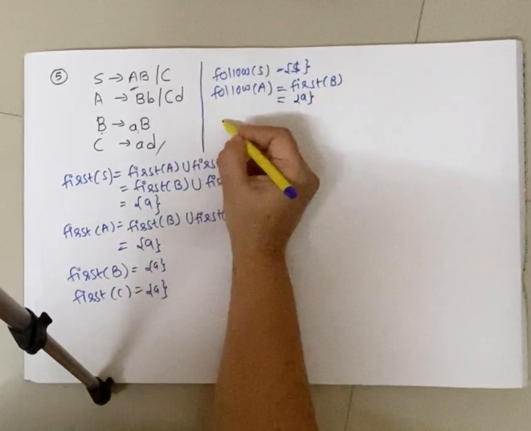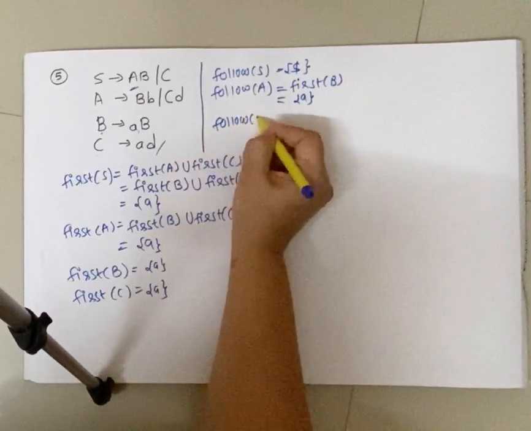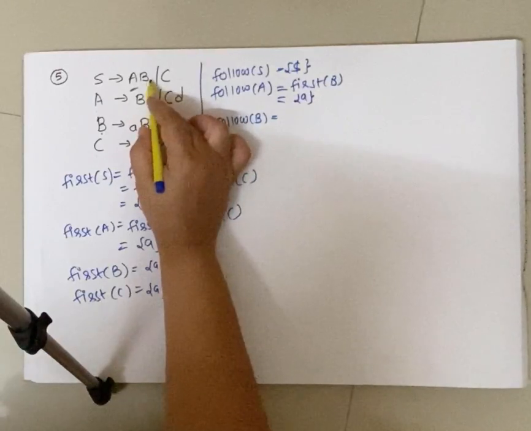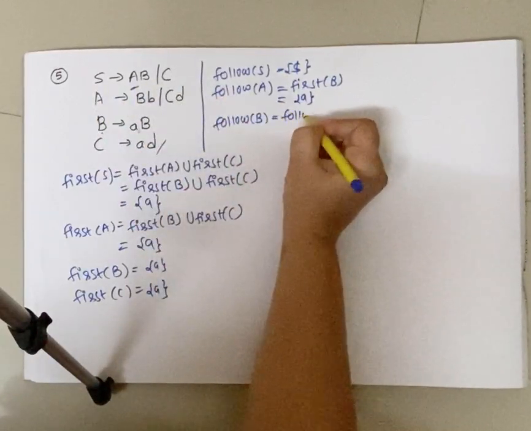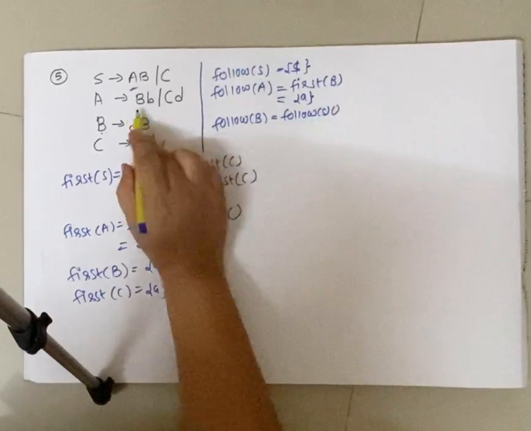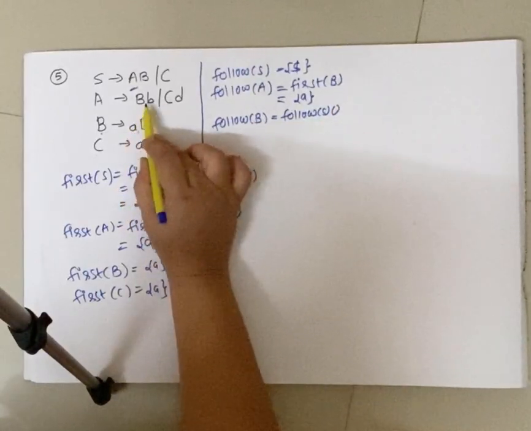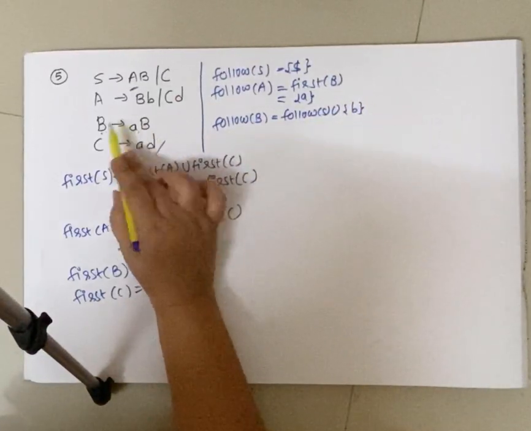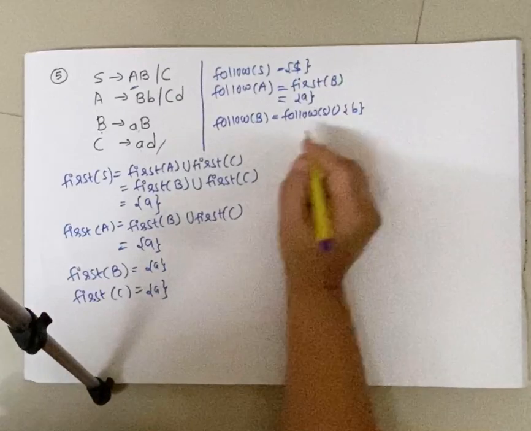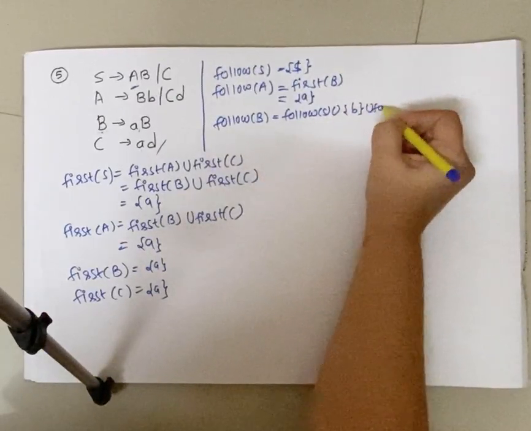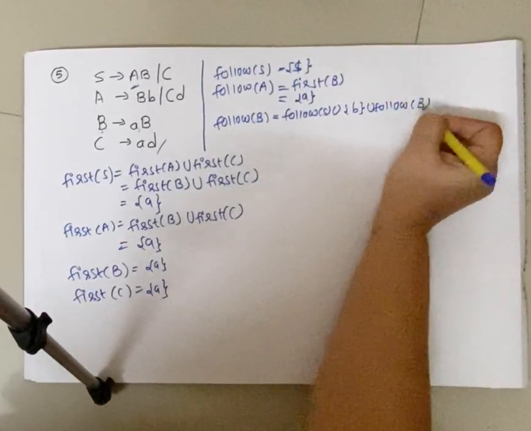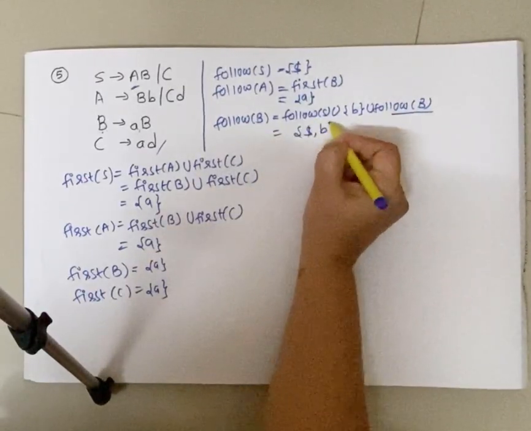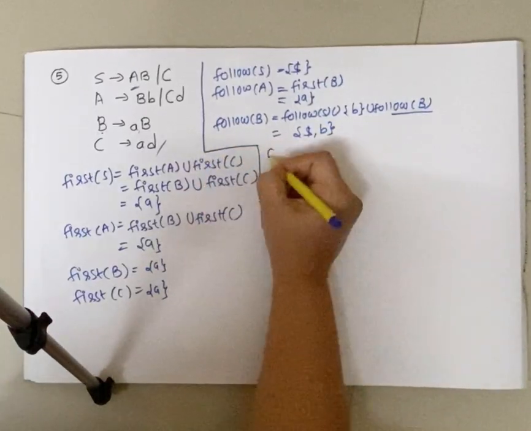Now follow of capital B. We can observe B happens to be here, because of which follow of B is going to be follow of S. And because of this rule, follow of B is going to be small b, and because of this rule follow of B is going to be follow of B, which is recursive, so we are going to ignore it. What is follow of S? Dollar. So the answer is going to be dollar and small b.